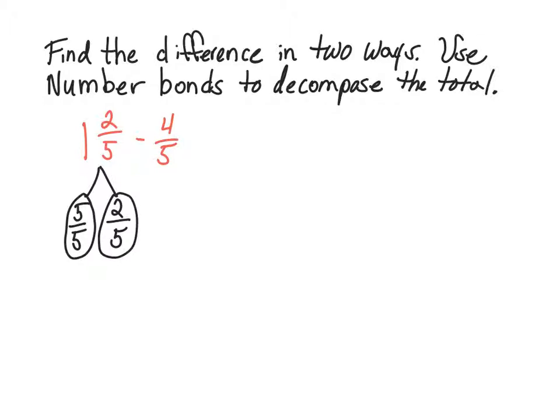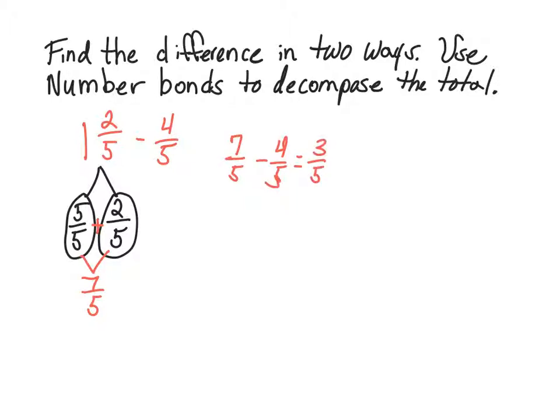Okay, and now since we can add these two up, we're going to get 7/5. So now we can subtract 7/5, take away 4/5, and we get 3/5.